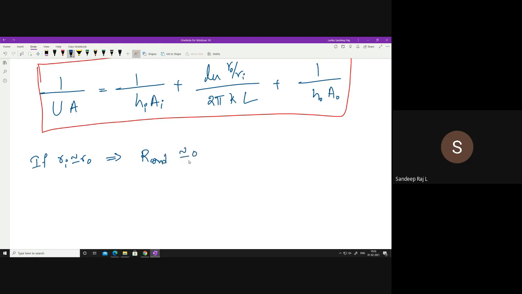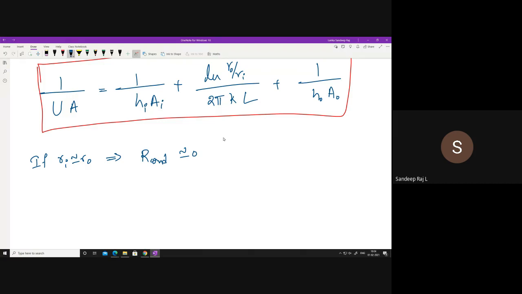So the resistance due to conduction can be neglected, and it holds in practical situations also, because if you choose a material with very good thermal conductivity, the temperature difference is also very less. When the temperature difference is very less, the resistance also will be less. The thermal conductivity is more, the thermal resistance will be less.